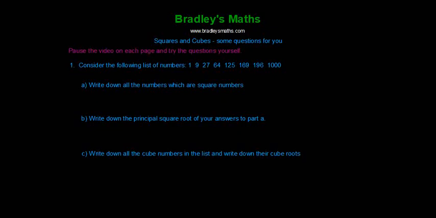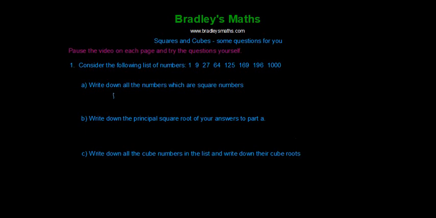Write down all the numbers from this list: 1, 9, 27, 64, 125, 169, 196, and 1000, which are square numbers. 1 is a square number. 9 is a square number. 27 is not. 64 is a square number. 125 is not. 169 is a square number. 196 is a square number, and 1000 is not a square number.